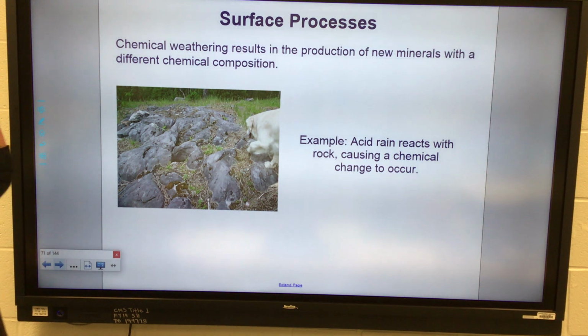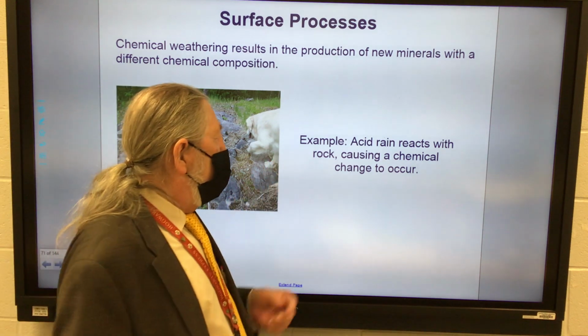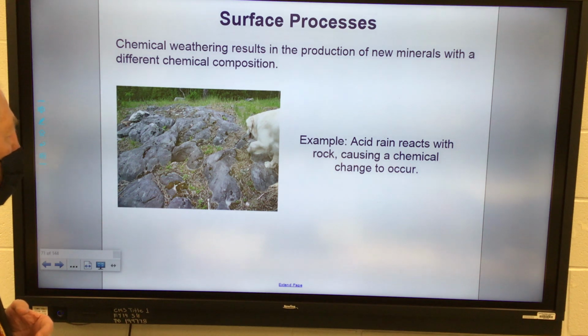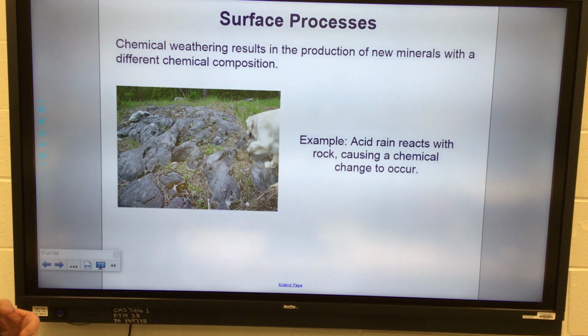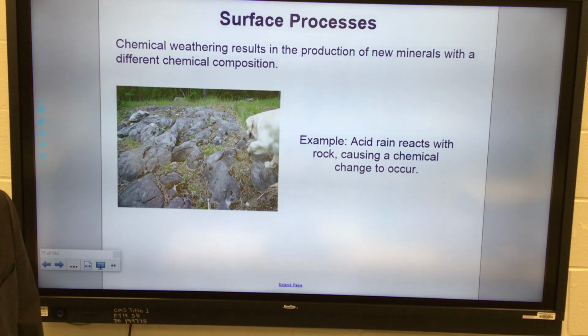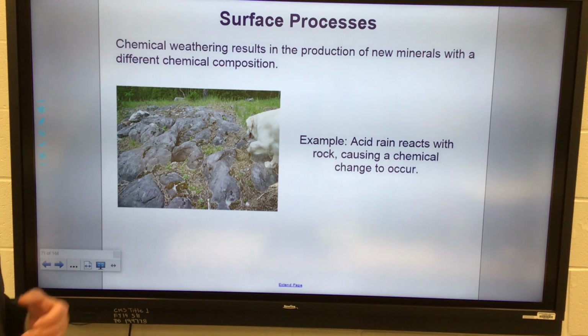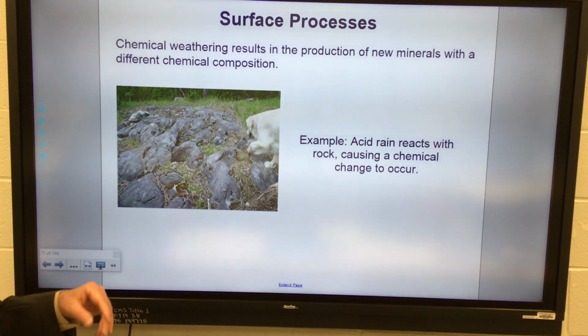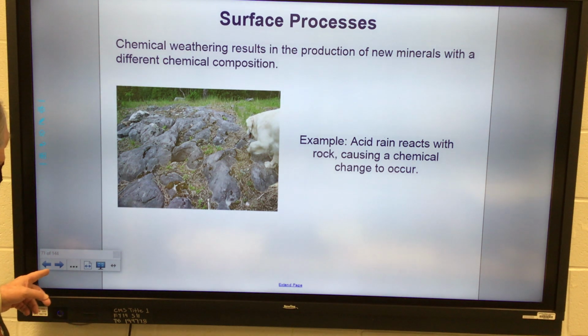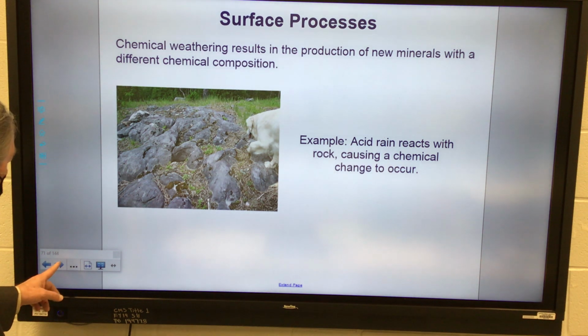For example, acid rain reacts with rock, causing a chemical change to occur. So here's some here that were chemically changed through acid rain. And acid rain is all the junk that we throw up into the air, and then when it rains, it comes down and lands on these rocks, and changes their composition. Okay, that's chemical weathering.